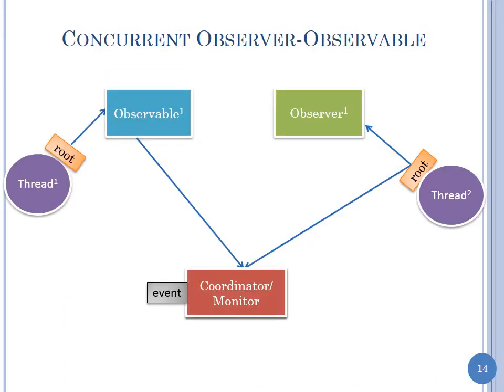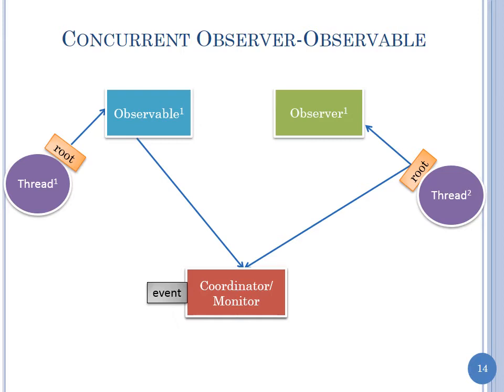So this is what we can do then. We now have a thread that is making changes to the observable. So it's now a producer thread. And there's another thread that's reacting to changes by executing appropriate changes in the observer.